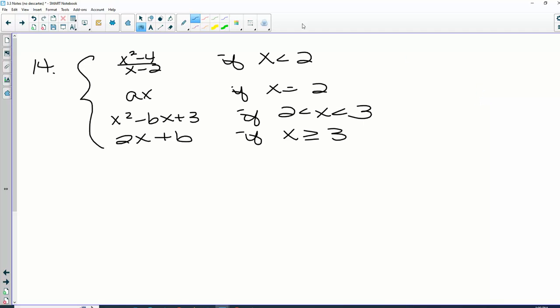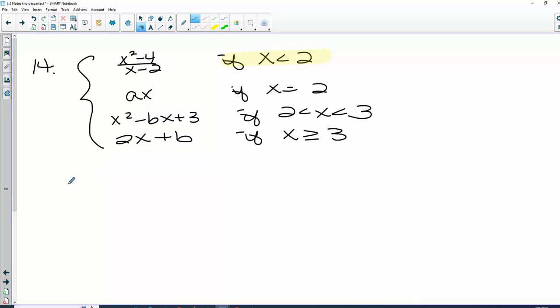A. Okay. So, we are on this piece when x is less than 2, and it's going to have to match up with the next piece if they're continuous. If x is less than 2, can I even just plug a 2 into that equation? No, it's undefined. Okay, so then what should we do? Break it apart, limit.